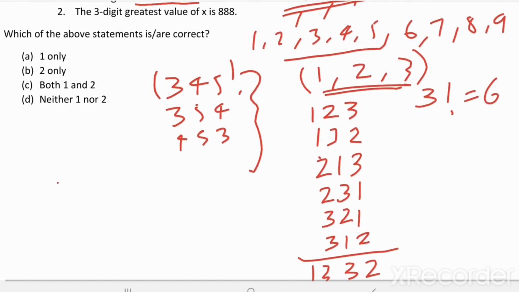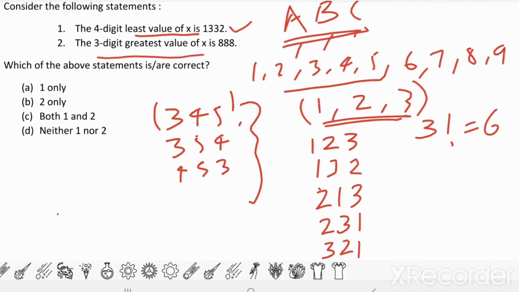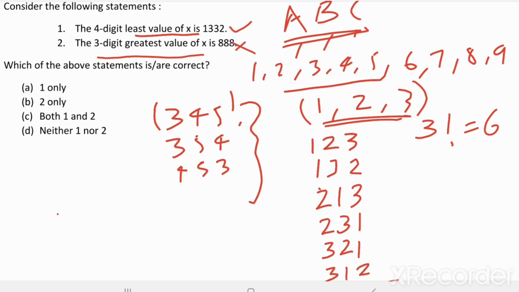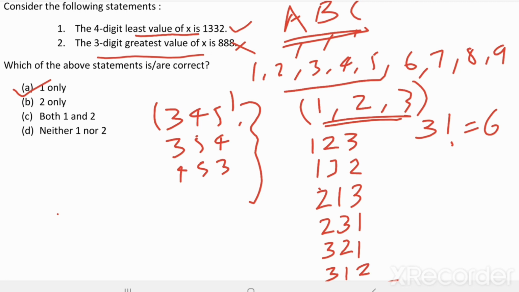So the least possible value of X equals 1332, and that is also the 4-digit least value of X. So statement 1 is true. Now the 3-digit greatest value of X is 888 is wrong, because the least value itself is a 4-digit number. Only statement 1 is true. Option A is the right answer.